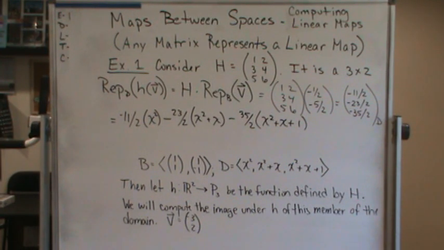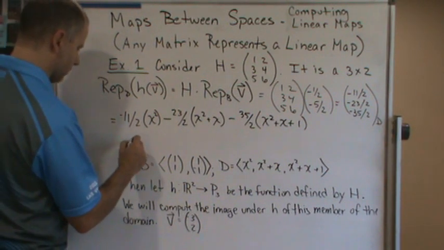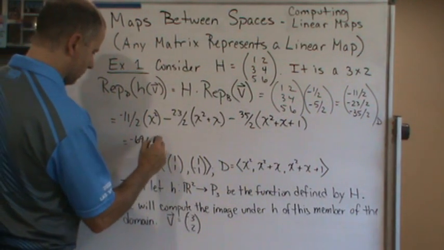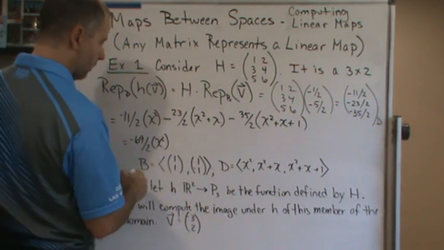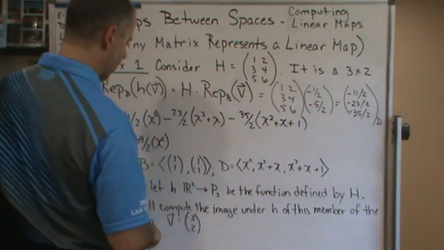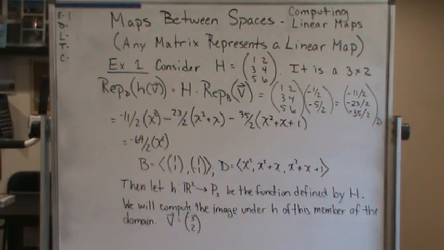And so the end result, when we simplify this, is negative 69 halves times x squared. Again, we're distributing and combining like terms.